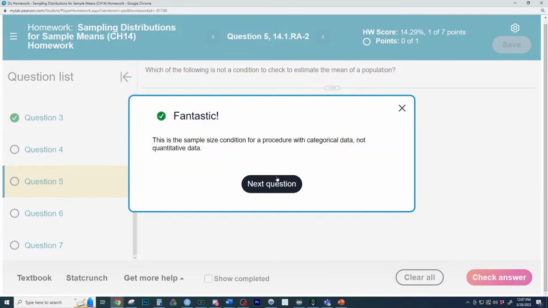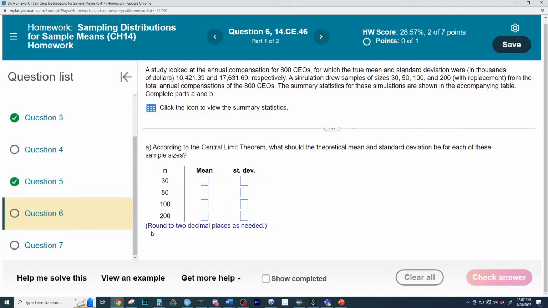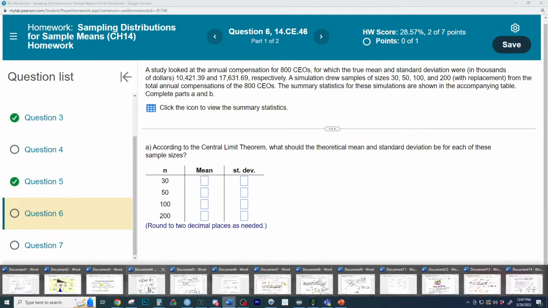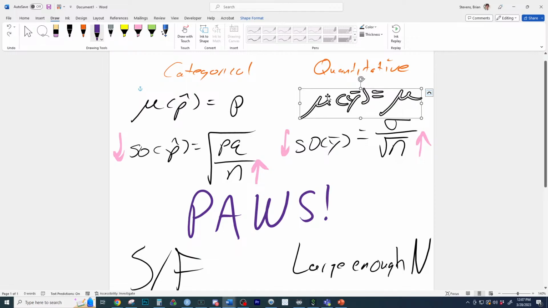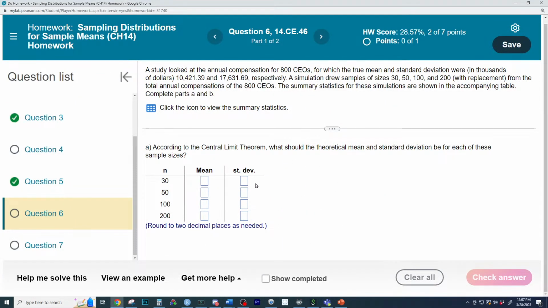So it is, we check large enough n. We don't check that one. Okay, so this one I absolutely love because it seems very complicated. A study looked at the annual compensation rates. So this one seems super complicated till we remember our formulas and that the expected sample mean is equal to the true mean.